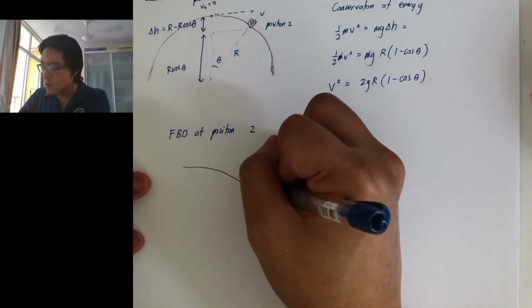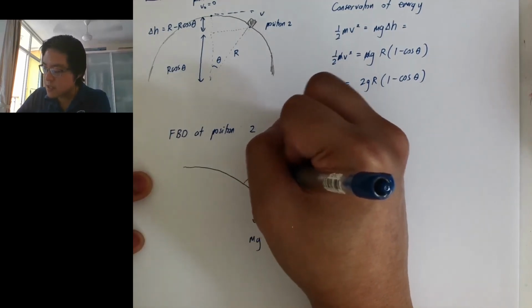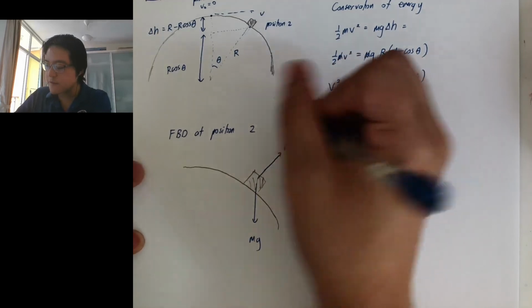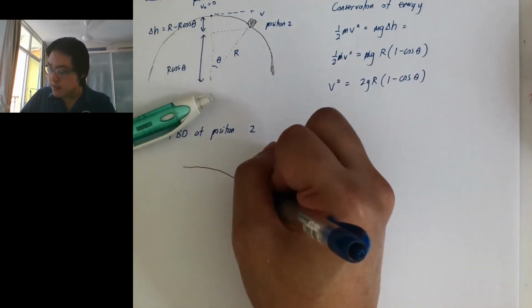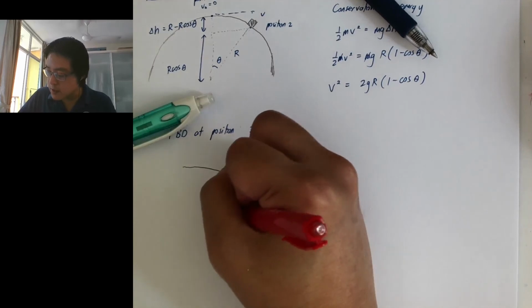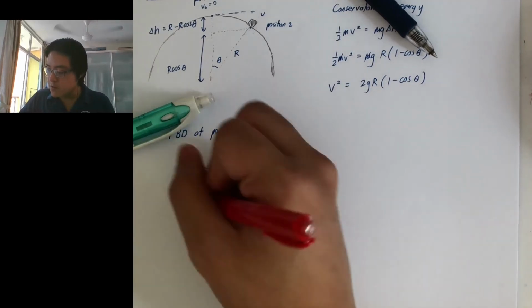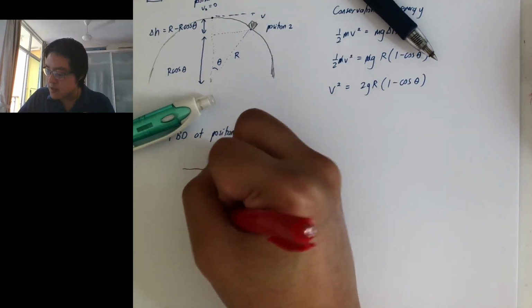There is, as always, the downward weight, mg, and she is touching the surface, so there is a normal force. If I take the radial direction, I can resolve my mg into this way, and this shall be theta. So this is also theta, so this is mg cos theta. Do you agree?